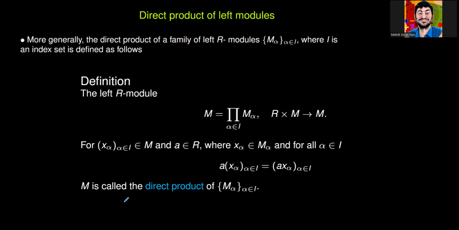Here the scalar multiplication is R times M to M. So how can it be defined? First of all, how does an element of M look? It is a tuple indexed by I.